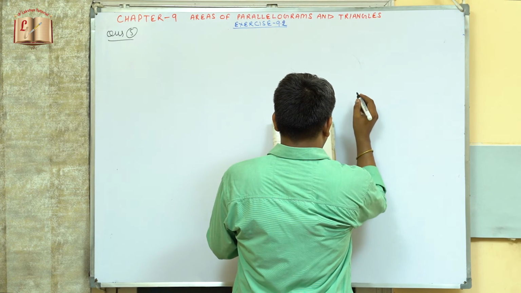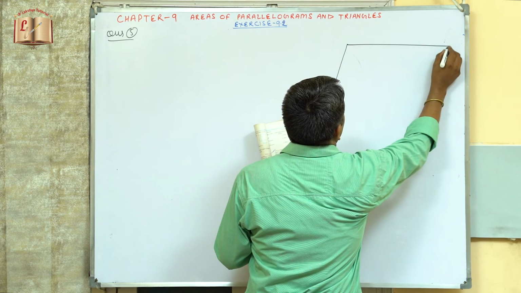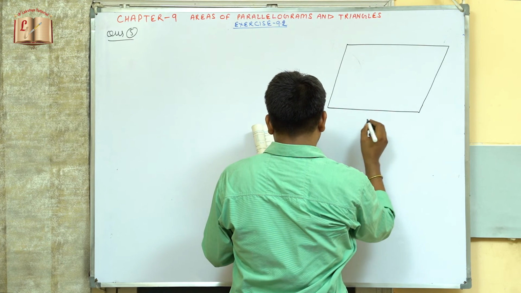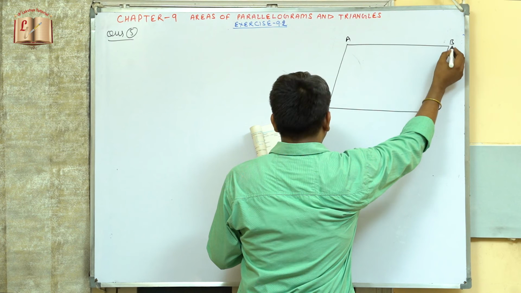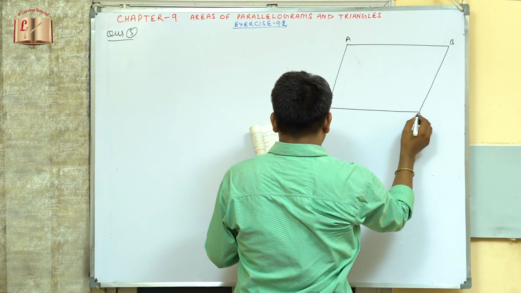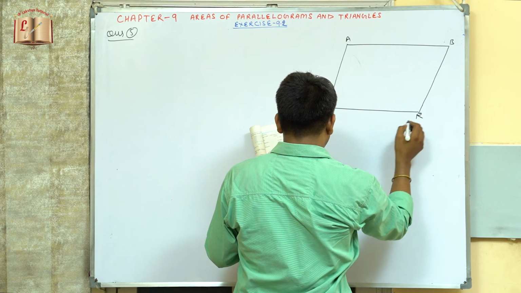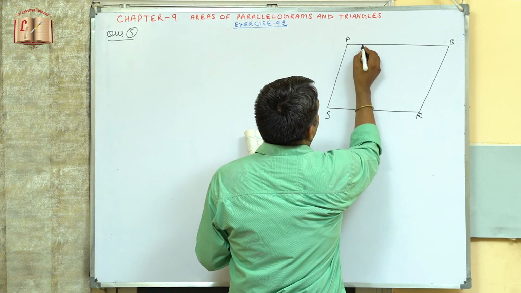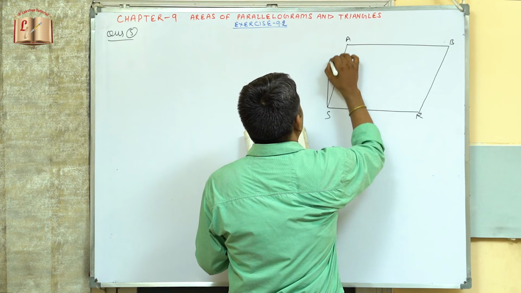So we'll make this figure now. This is A, B, this point is R, and this is S. Now this A is already there, so we'll make another point.